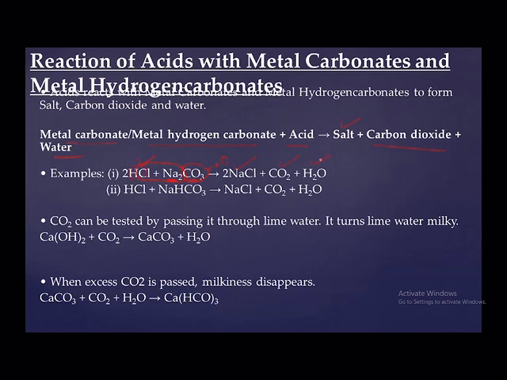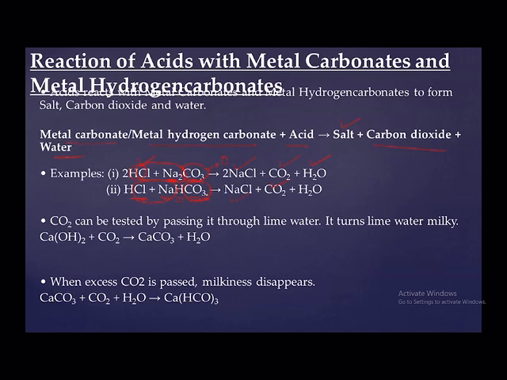Similarly, if we take the example of a metal hydrogen carbonate, this was a metal carbonate, and in this case we have a metal hydrogen carbonate. If it reacts with an acid, it forms a salt. That salt, NaCl, is formed as usual, and from the carbonate there is evolution of carbon dioxide gas.